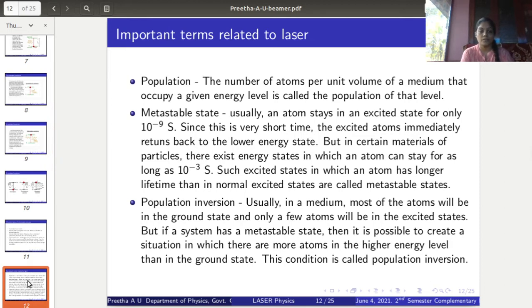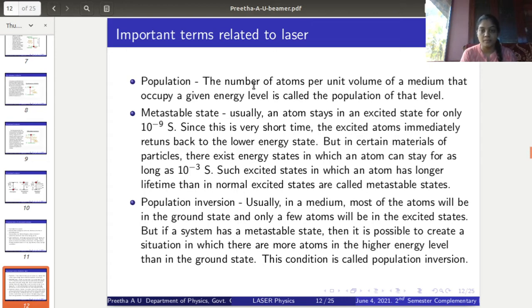Now we should know some important terms related to lasers. These are very important when we study laser, because they should be learned before we start learning the working principle or the theory of laser. So the first one is population. This we have already explained in the first session.